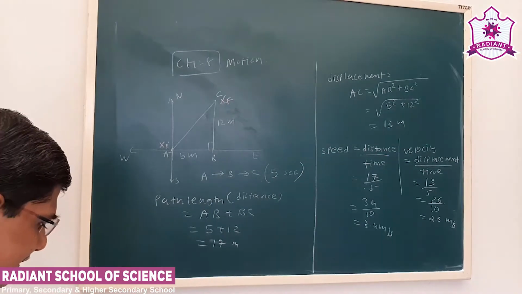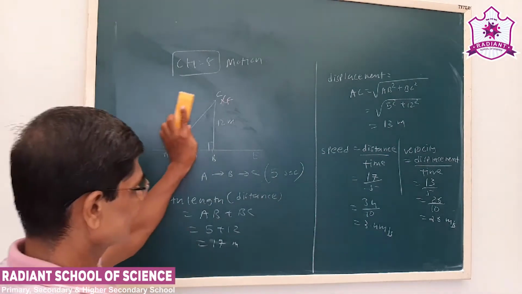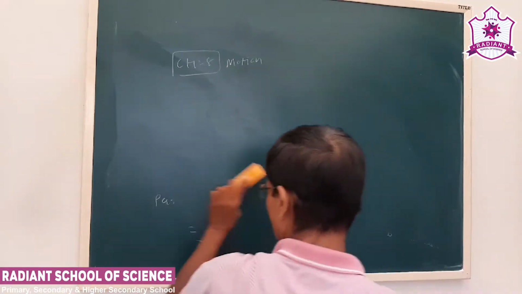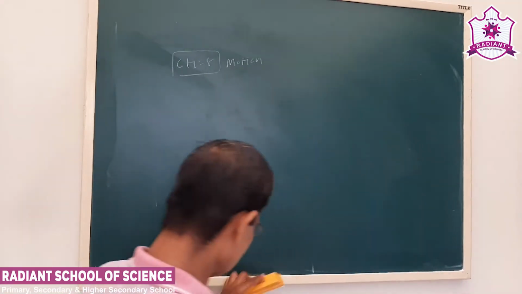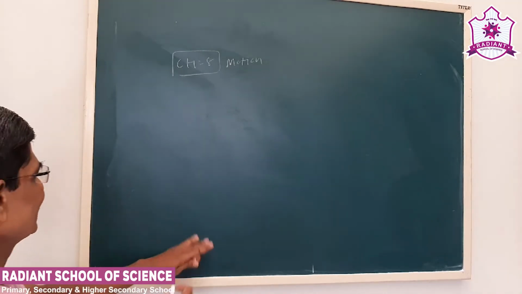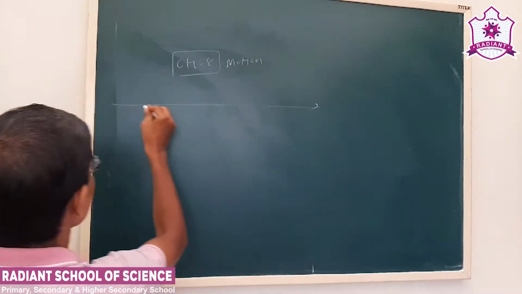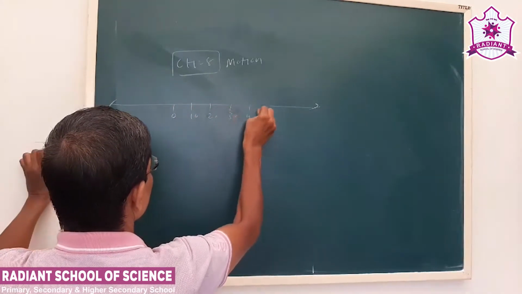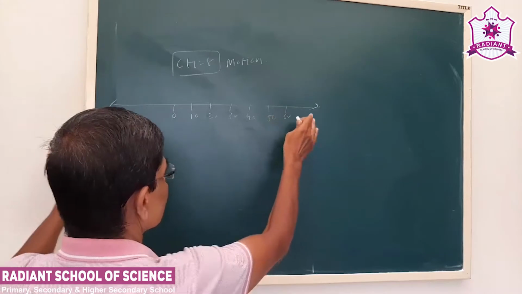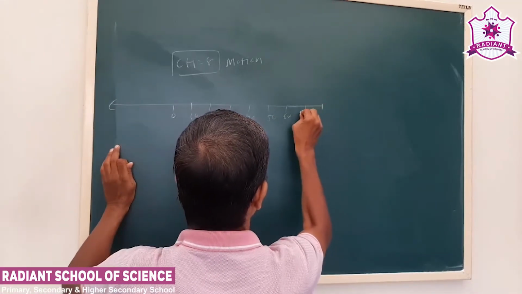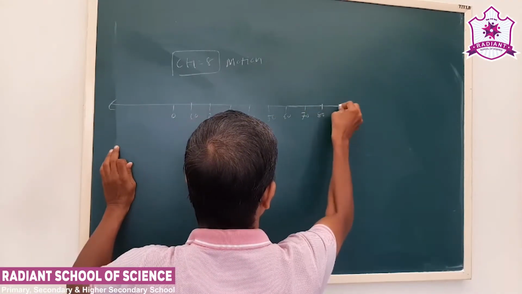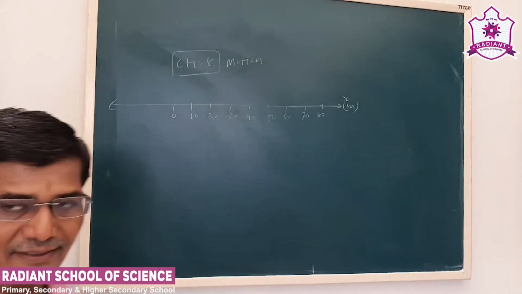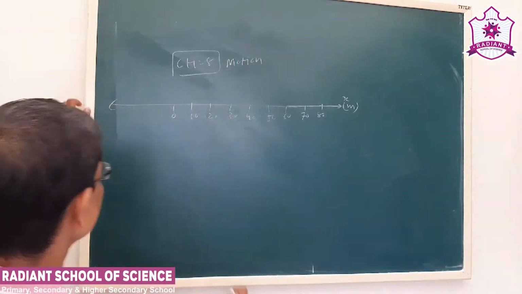Now we take another example in which we will understand distance, displacement, speed and velocity. As I mentioned, whenever we have one dimension, we consider the x-axis.